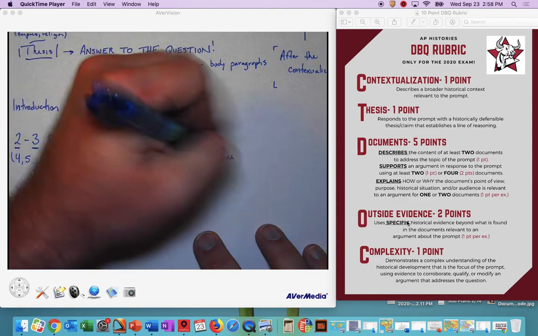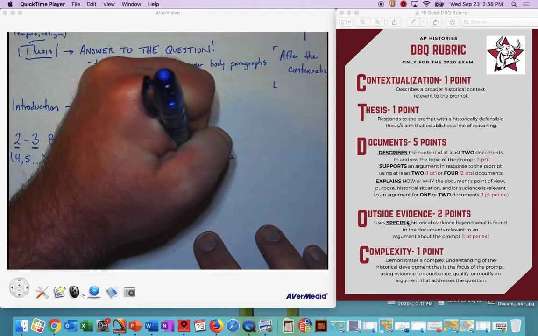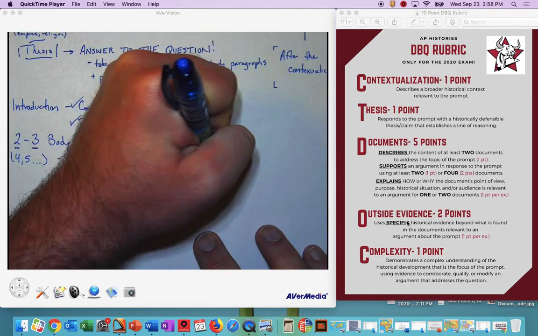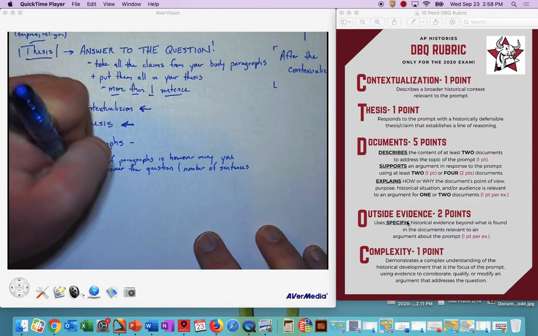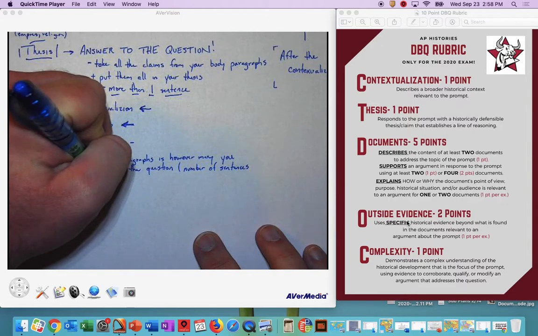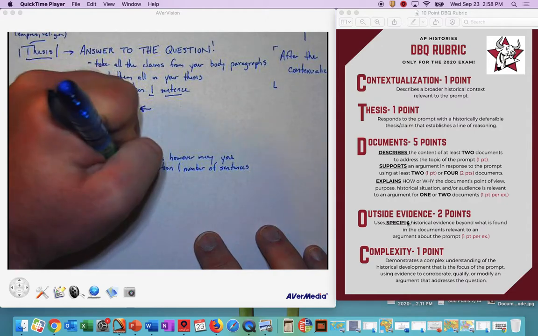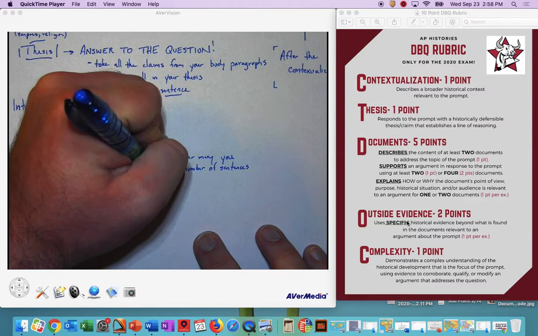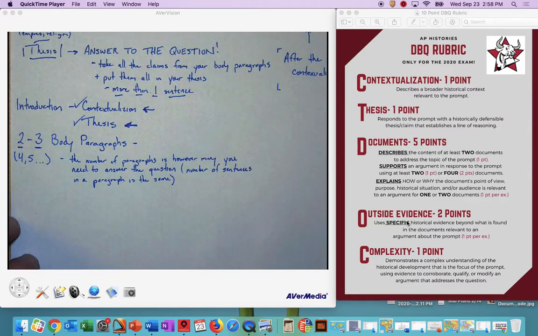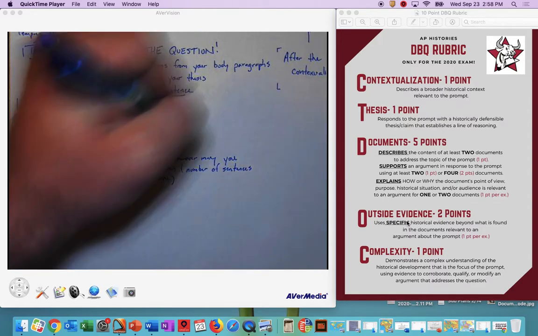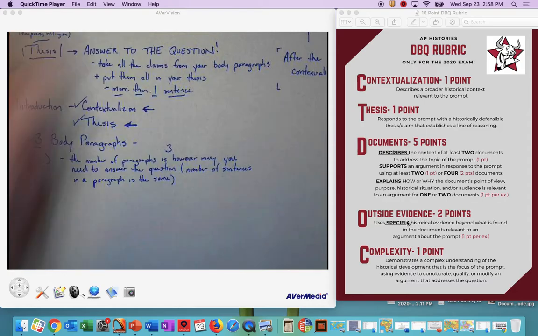And the same applies to the number of sentences in a paragraph. It's however many you need to answer the question. It might be 3.